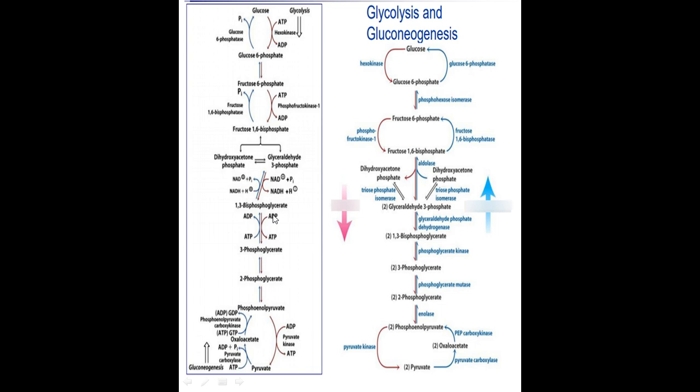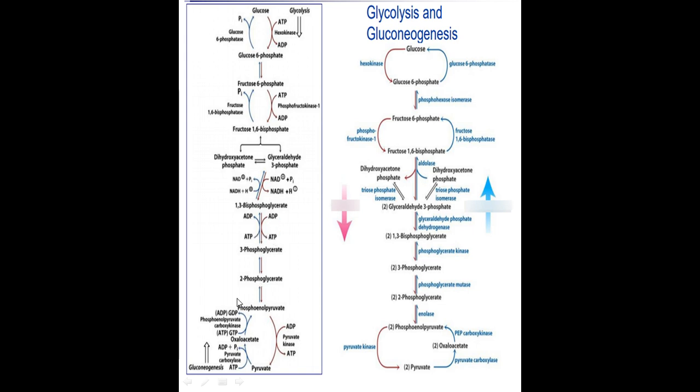So bear in mind, in this reaction we produce ATP in glycolysis, but in gluconeogenesis we consume ATP. Almost all the steps where ATP is produced in glycolysis, ATP is consumed in gluconeogenesis.